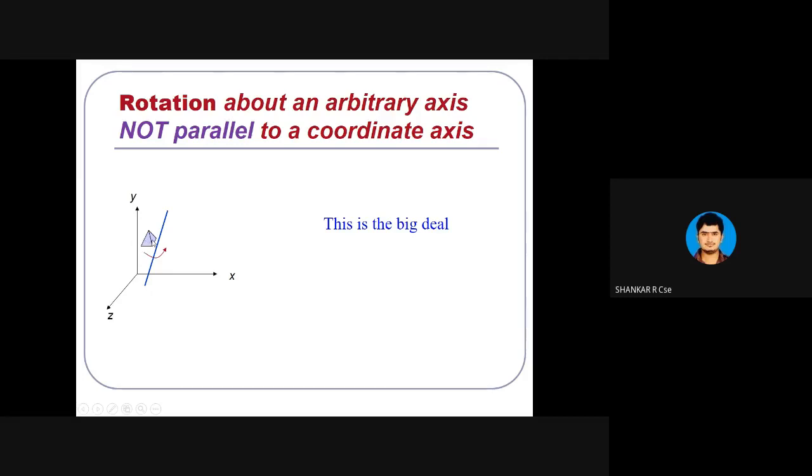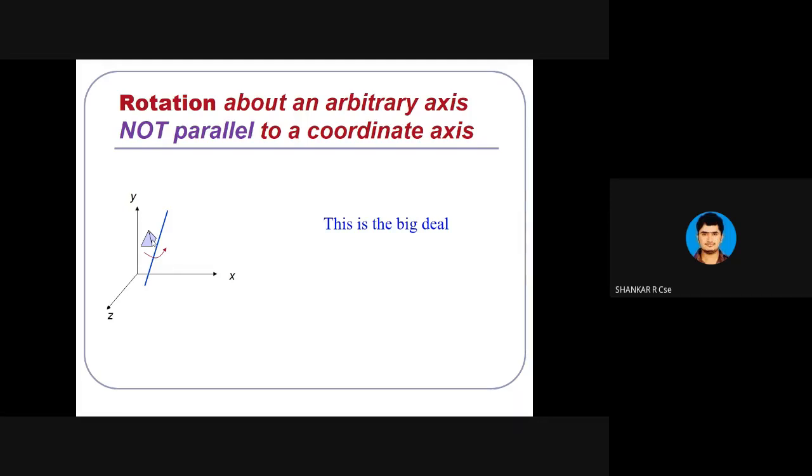Okay, you can ask me one question: what is this coordinate axis or arbitrary axis? Understand, if you want to rotate any object, you cannot rotate the object in space just like that. You need to have an axis, that is, a reference axis. That is what you call an arbitrary axis.